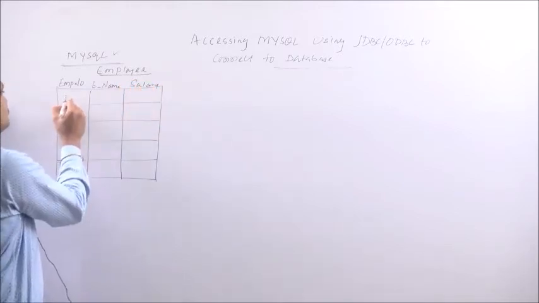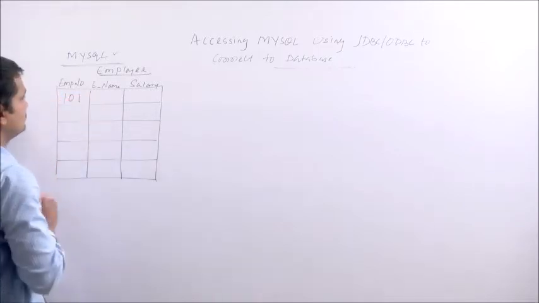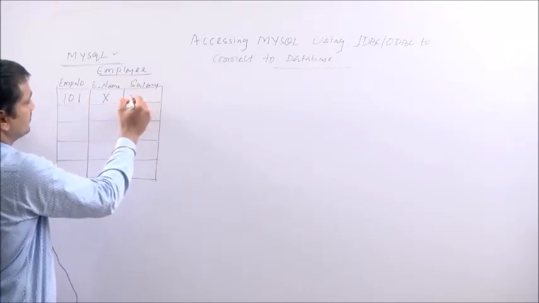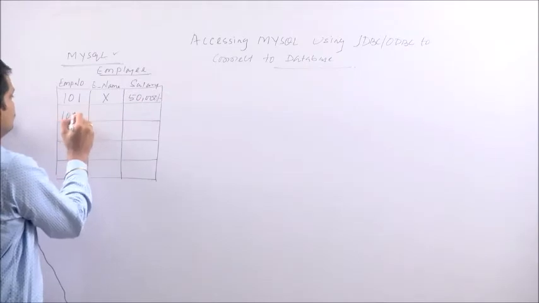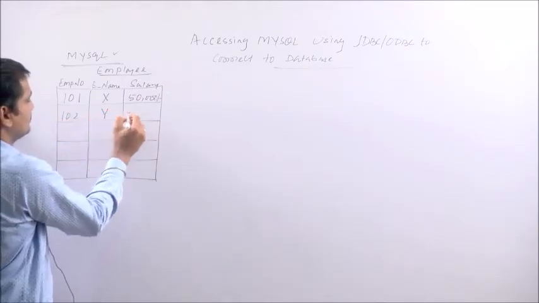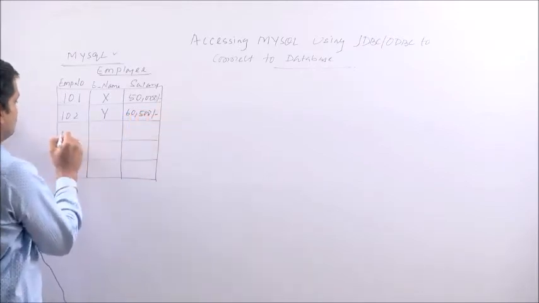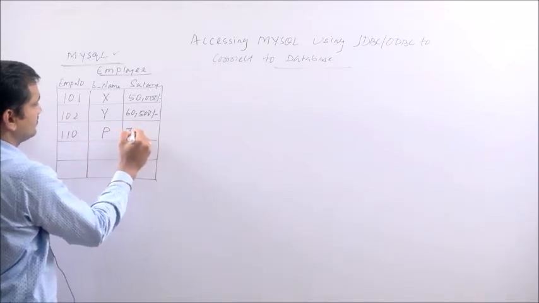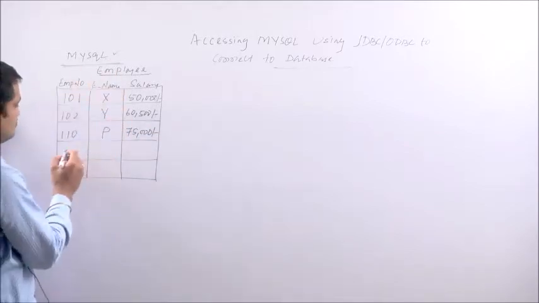Suppose the EMP number is 101. Let us take some example. 101, employee name is X and some salary amount, and 102 similarly Y, with some salary, and 110, employee name is P with its salary. Suppose this is the table the MySQL database represents.